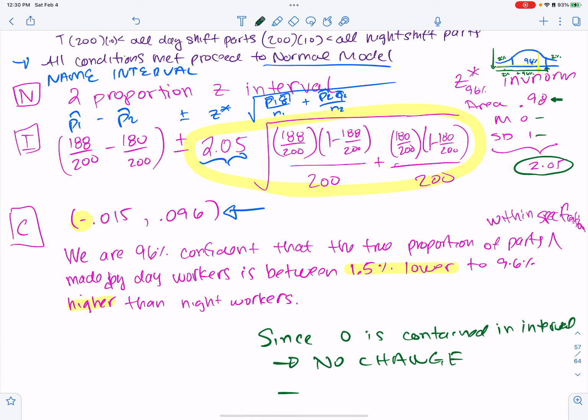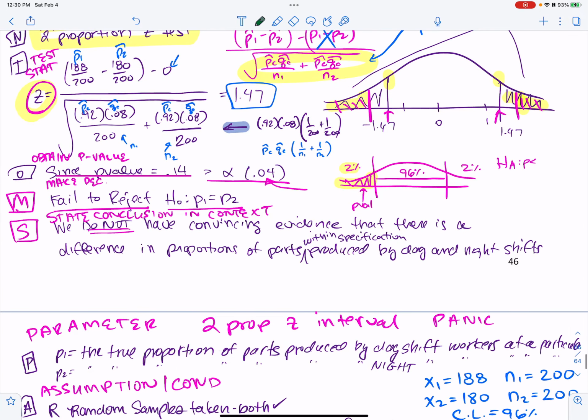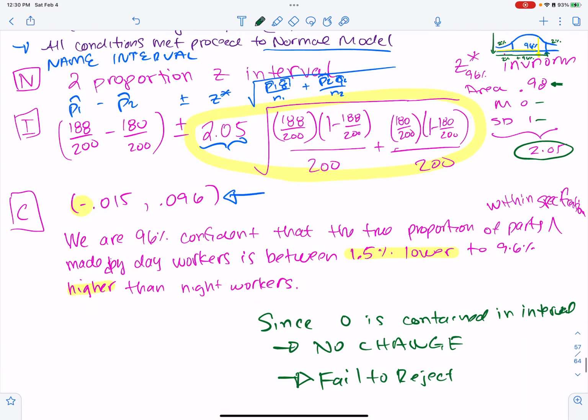And in fact, if we were to put this into a hypothesis test, this would be a fail to reject because we're saying, look, there's no reason to change anything. Well, let's look back and see, oh, we did fail to reject. Right here, we sure did. That's exactly what we did. We failed to reject. So here's the clue.